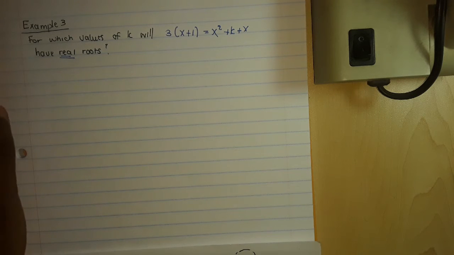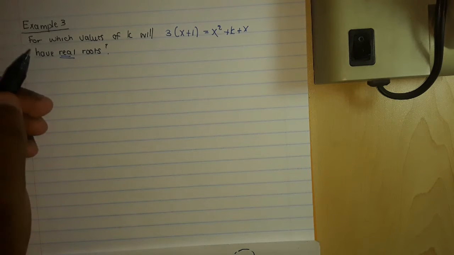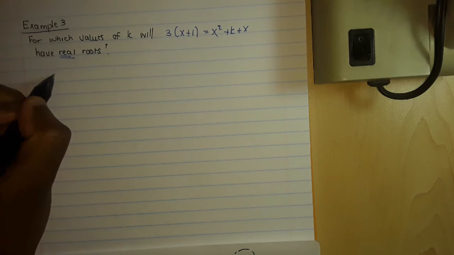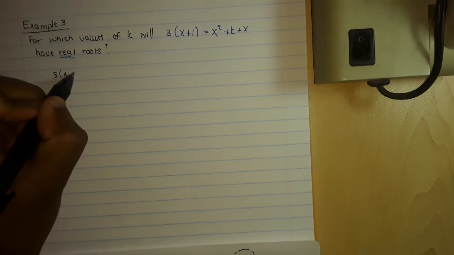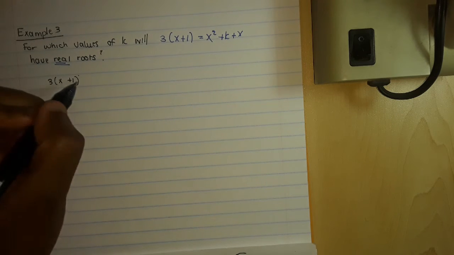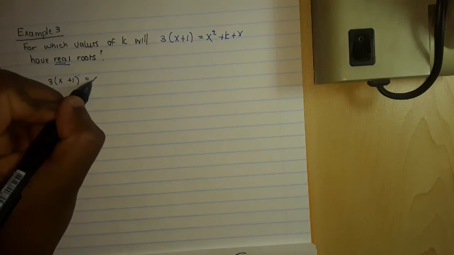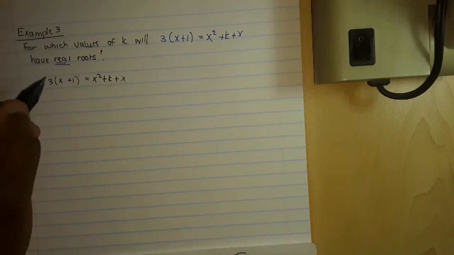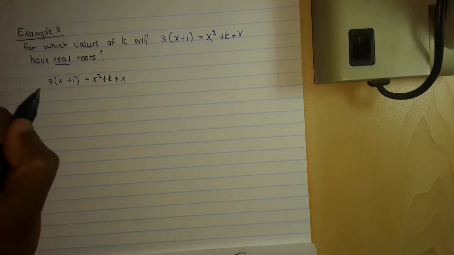But before we write down our delta, we need to make sure that this equation is written in standard form. So to start that, we're going to write down the expression once again. Equals x squared plus k plus x, right? So what I'm going to do first is quickly clean this.